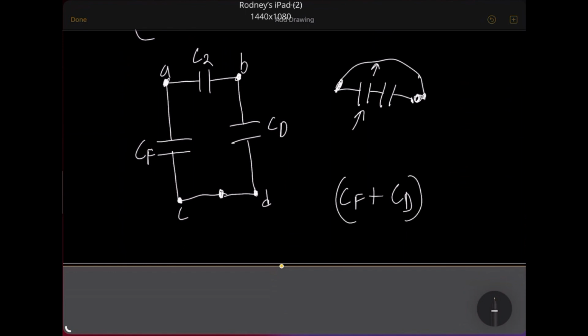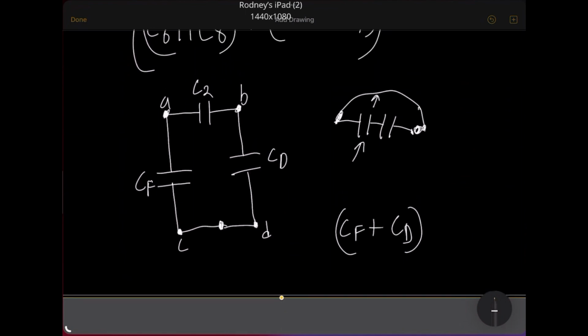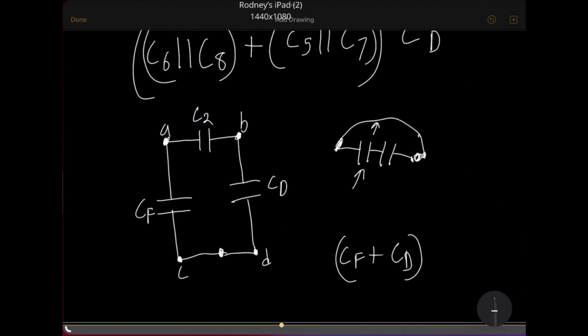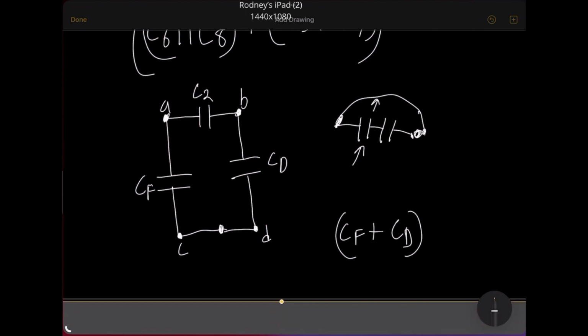And then once you have that, you're just going to be left with a single capacitor. You're going to be left with C2 like this and CD, like so.